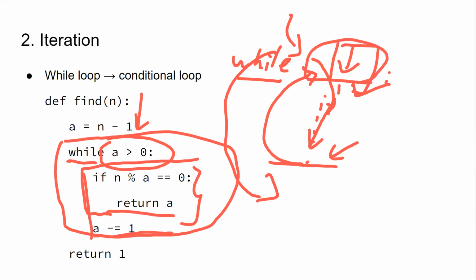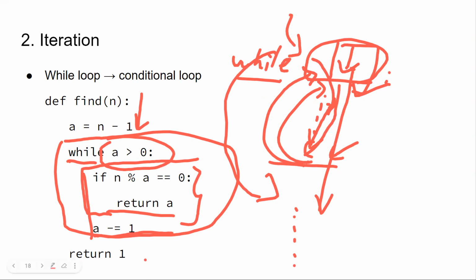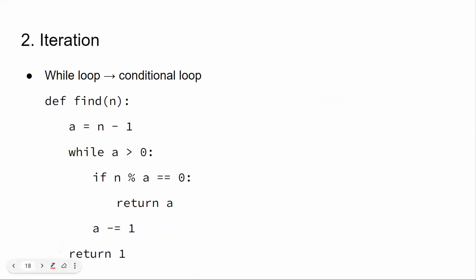If yes, I'll run it again. If not, I will leave the loop and go to execute the remaining part of the function body. So this is how a while loop works. The format is just while, your condition, and then the body.